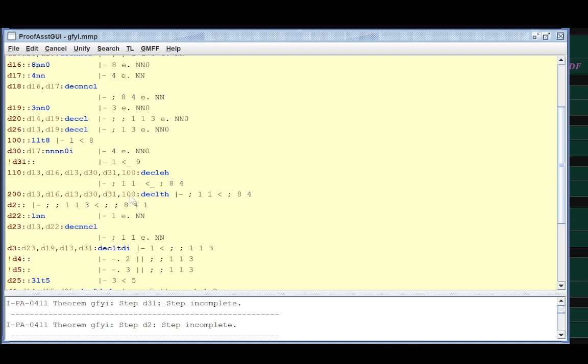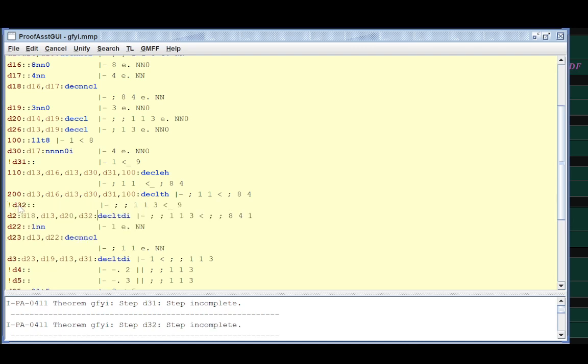Interestingly, that didn't use 100, okay. And then are you happy with 113 is less than this? No, because it's doing the same thing again. Metamath misbehaving. Okay, so what's DECLTH?